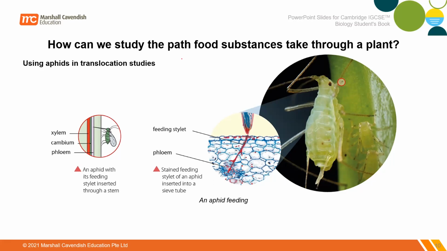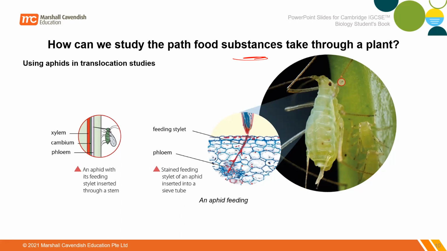How can we study the path food substances take through a plant? We will check this by using any kind of aphid feeding on the carbohydrate stuff.